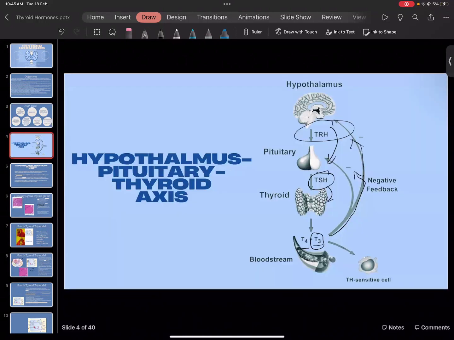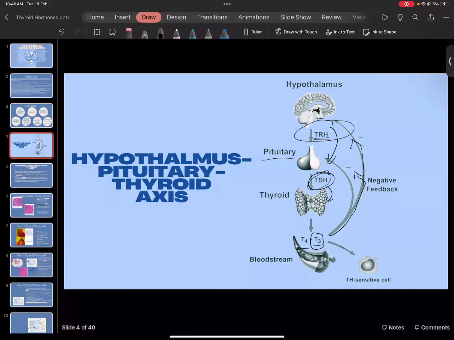Okay, so let's start with the hypothalamus pituitary thyroid axis. What I want you guys to understand is that all of these organs are releasing hormones, and these hormones trigger a reaction in the other organ. The hypothalamus releases TRH, thyrotropin releasing hormone, which goes to the pituitary gland and stimulates the release of TSH.